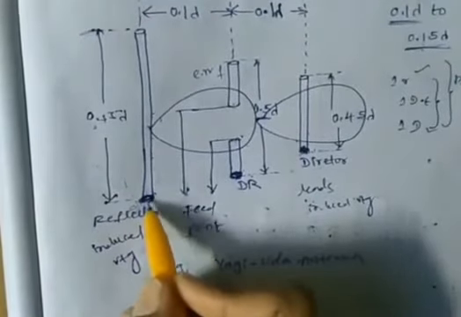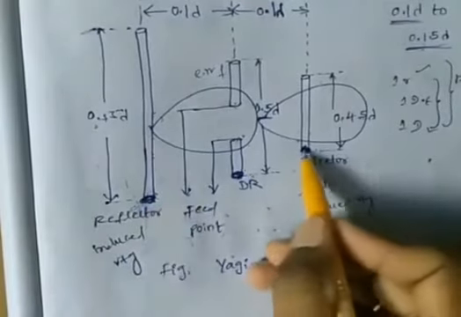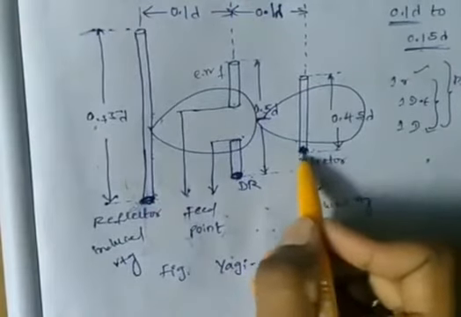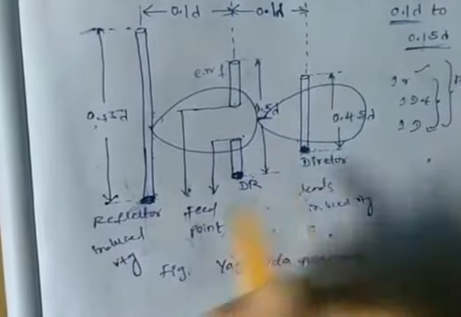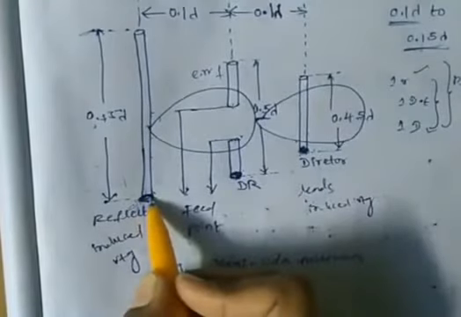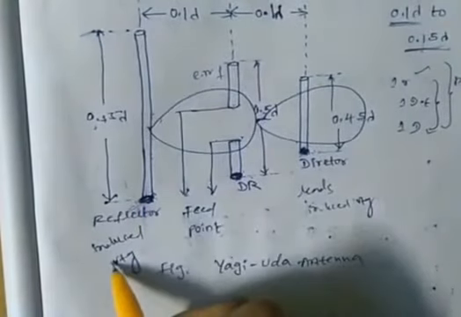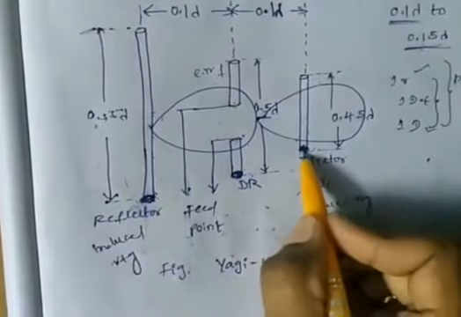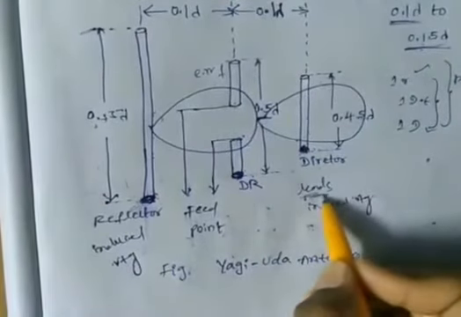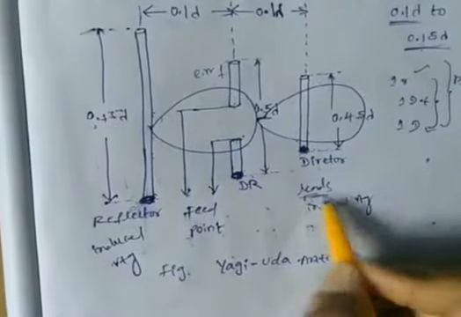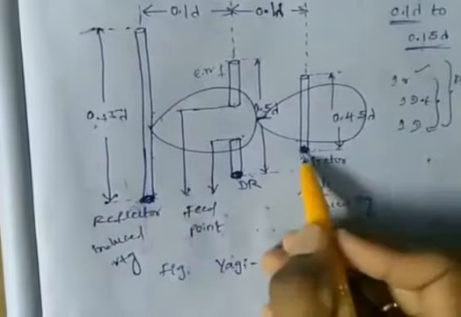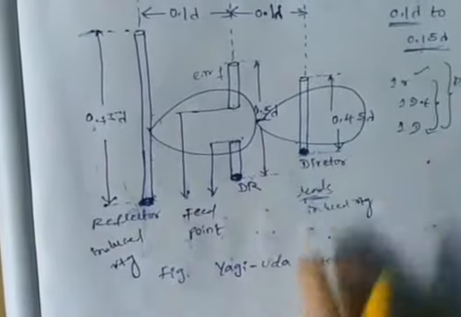The reflector is inductive in nature and the director is capacitive in nature. The current in the reflector lags the induced voltage and the current in the director leads the induced voltage, meaning one is inductive in nature and the other is capacitive in nature.